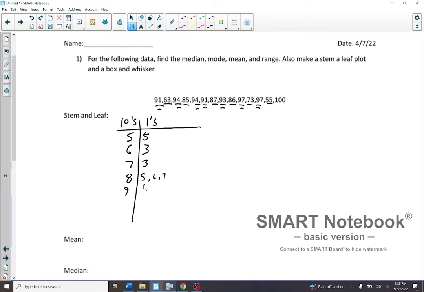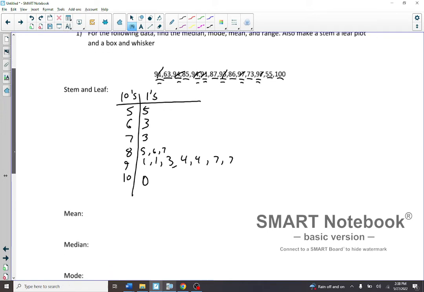So 2 91s, 91. 93 I took care of. A 94, 94. And a 97, 97. 94, 94, 97, 97. Yep. And then the last one is 100. So we put a 10 in the tens place, and it's just 0. So that's 100. Okay.